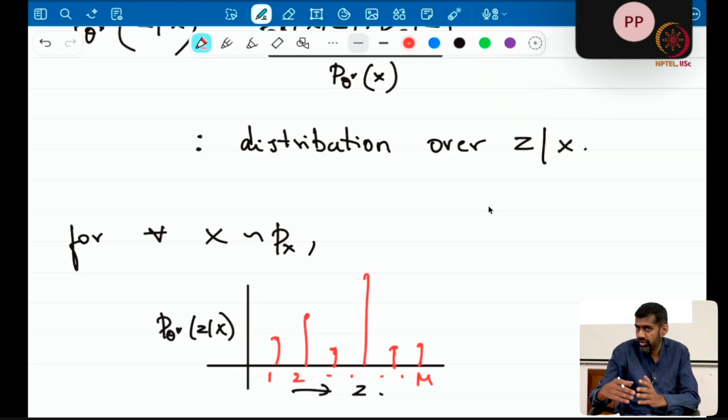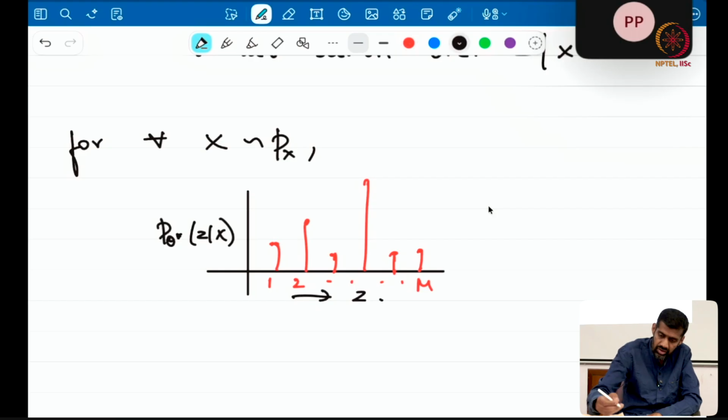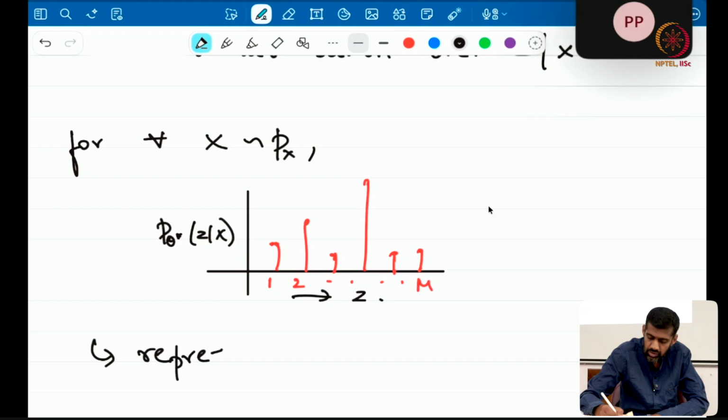This is what we get once we calculate P theta star of z given x, right. So, what is this? It represents soft clustering, as it is called.